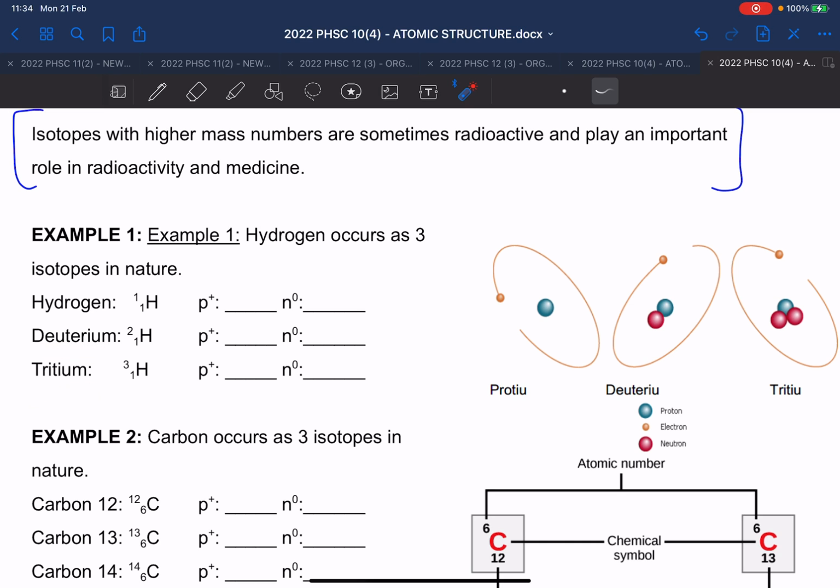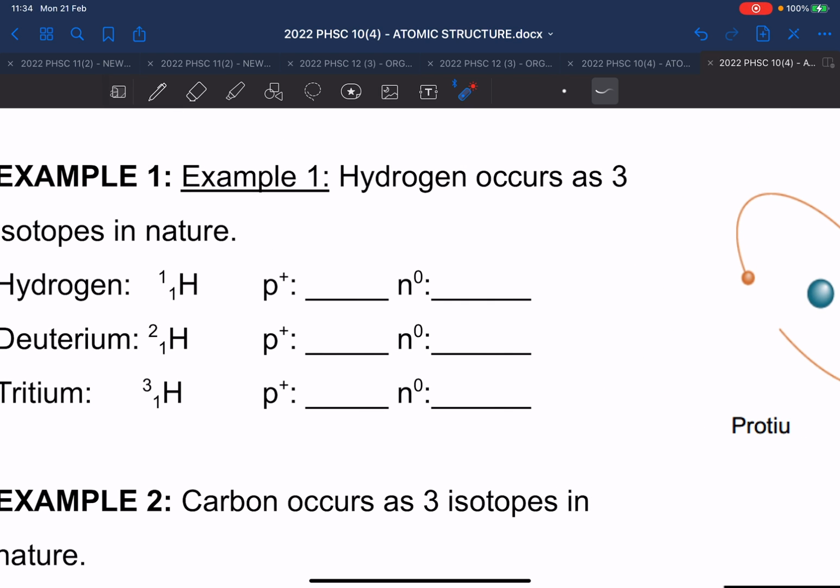You don't have to know their names. You must be able to derive and conclude information from them. So you don't need to know the 3, you just need to be able to work with them. Okay, so the first one there is 1,1, as you can see.